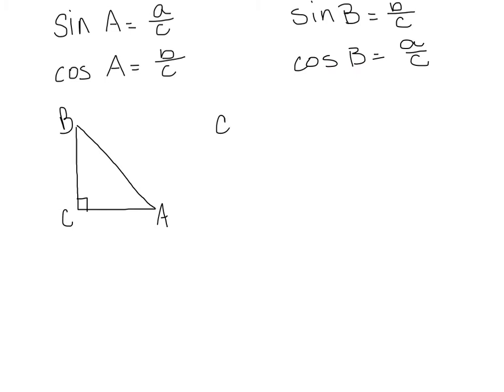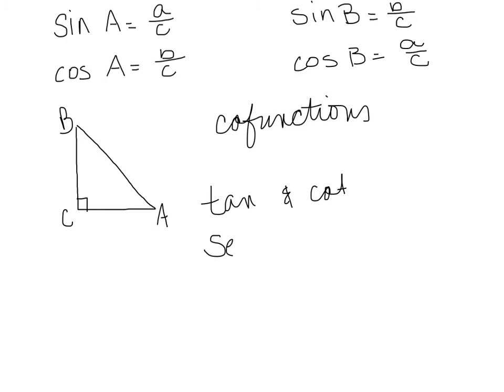These are called cofunctions. It means that the sine of one angle is the same as the cosine of that angle's complement. Here, the cosine of A is B over C. B over C also represents the sine of B. These cofunctions are also true for tangent and cotangent, secant and cosecant.